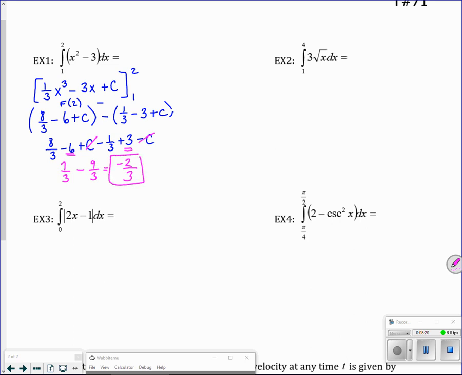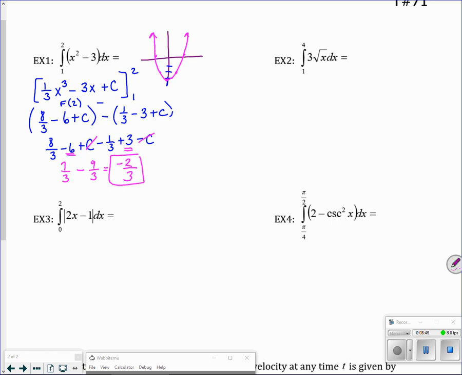Now, does that answer make sense? Well, not that you have to draw this every time, but I want you to be clear. If I were to draw x squared minus 3, the graph goes over 2, up 1, it'd be about there. So this graph looks like this.